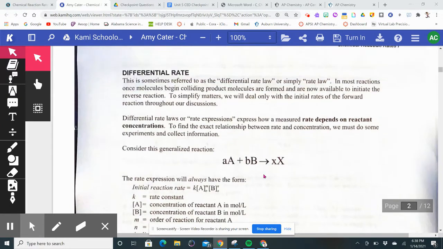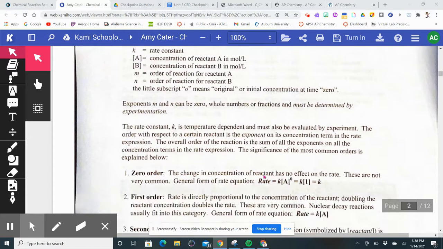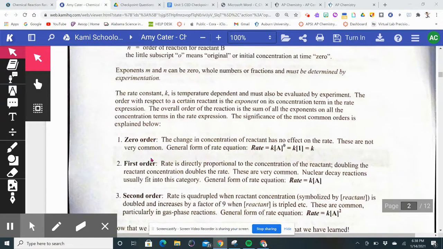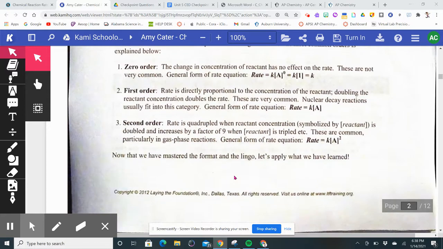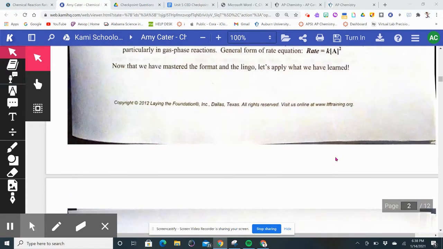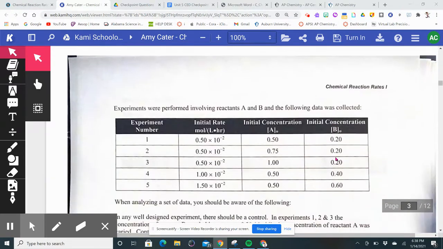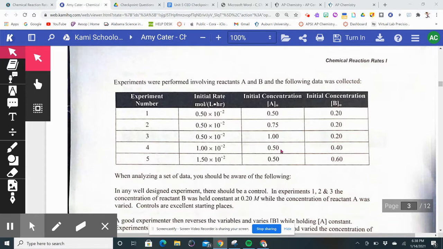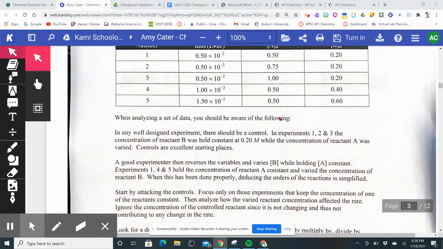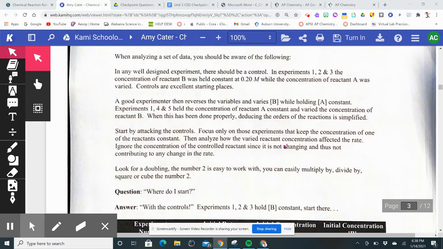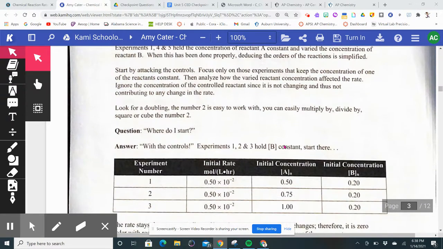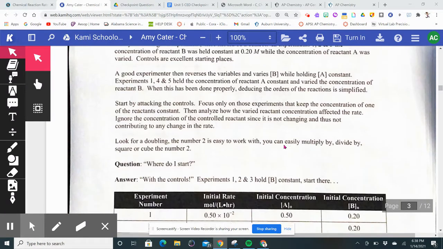We talk about differential rate law here, zero order, first order, and second order, and it gives you an explanation of what those are and the equations that go with those different types of reaction orders. And then they give you a couple of examples with the data from experiments and so on.